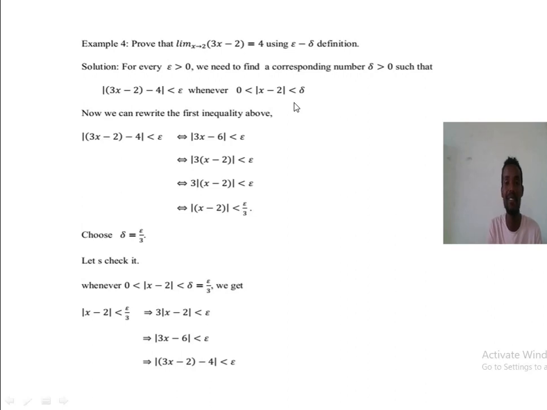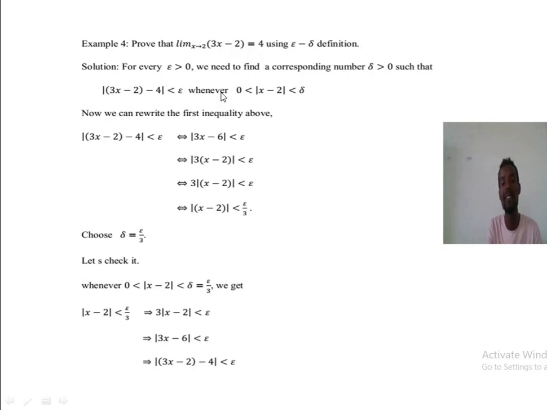This is the same as what we have seen in the previous example. Or we can write this in other ways. We can write this as: if 0 is less than absolute value of x minus 2 less than delta, then absolute value of f of x minus 4 is less than epsilon. As I told you, our a is 2, f of x is 3x minus 2, and L is 4.